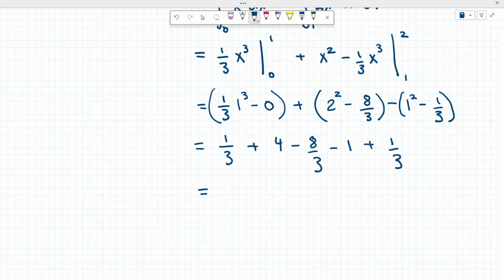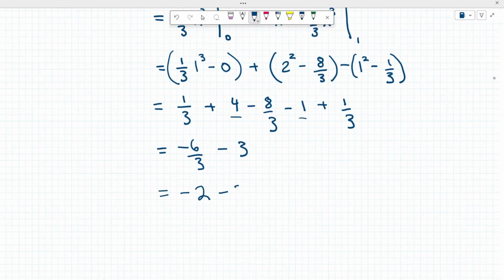So it's nice we have the same denominator here. So we have 1 minus 8, which is negative 7, plus 1 is negative 6. So we've got negative 6 over 3. And then we have our plus 4 minus 1, which is 3, so negative 2 plus 3. And that equals 1. So that means that the expected value is 1.